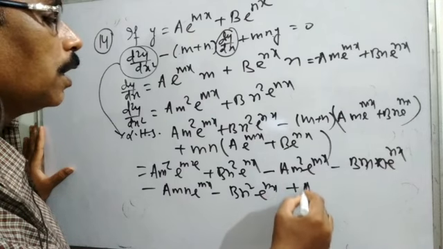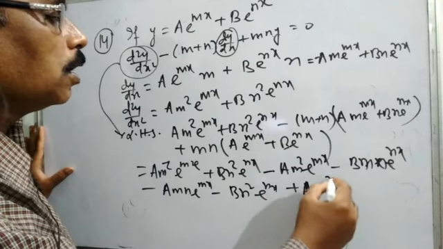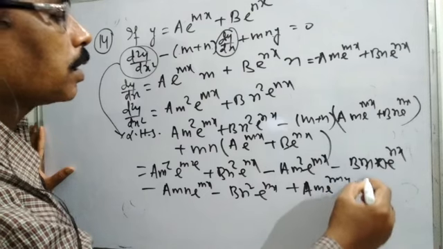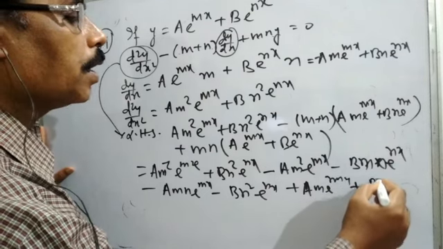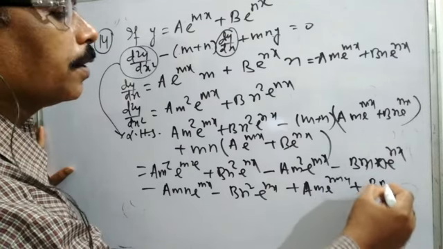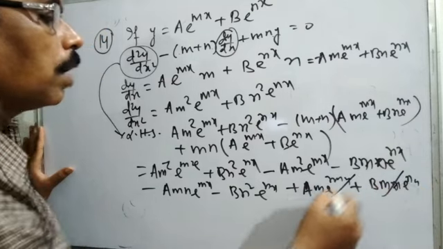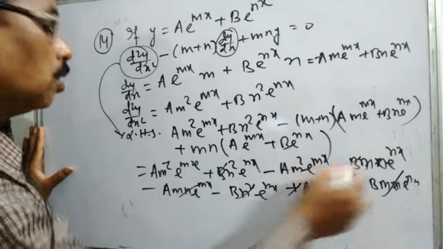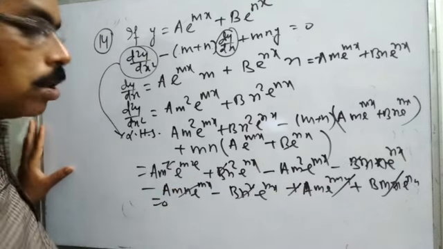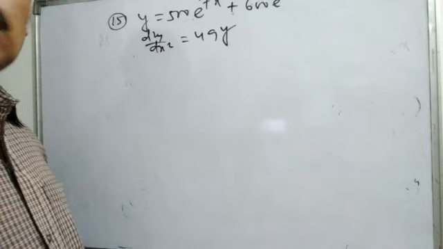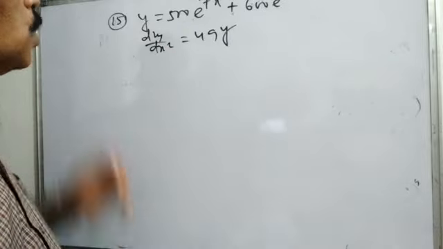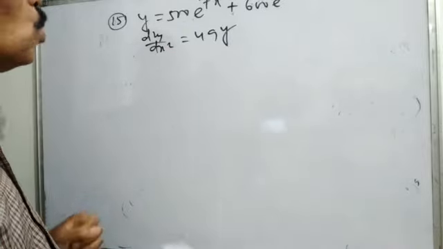Plus a m n e to the power mx plus b m n e to the power nx. So all terms will cancel out, it will be 0. That is the proof.